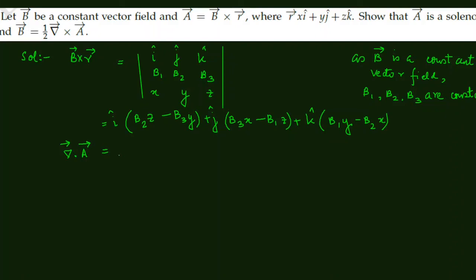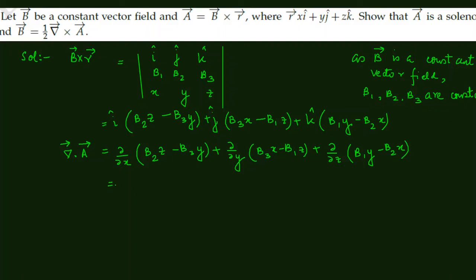So for that you calculate divergence of A, which is del x of the first term, del y of the second term above, and del z of the third term above. Now when you take del z of the first, it will be 0, del y of the next will be 0, and so on. So hence we prove that divergence of A is equal to 0.